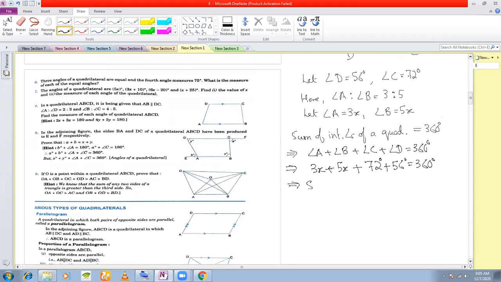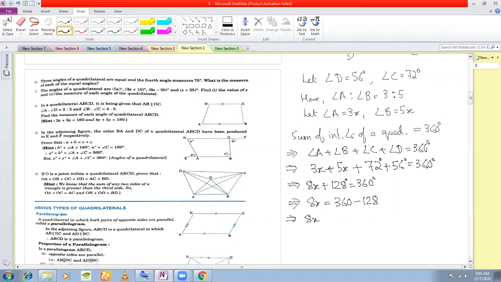That is 8x plus 128 is equal to 360 degree. That means you have 8x is equal to 360 minus 128.